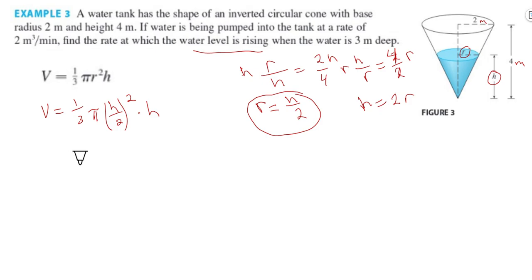Okay, so then this becomes, let's see, we're going to square that. v equals 1/3 pi, which is all a constant. We're going to get h squared times h, so that's going to be h cubed over 2 squared. Oh, thank you.